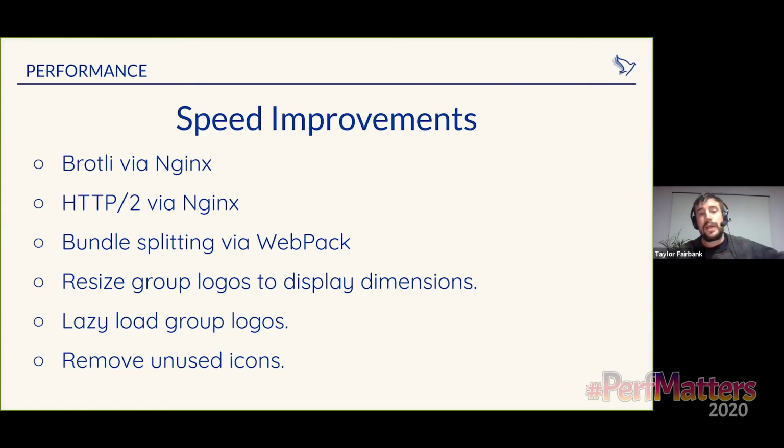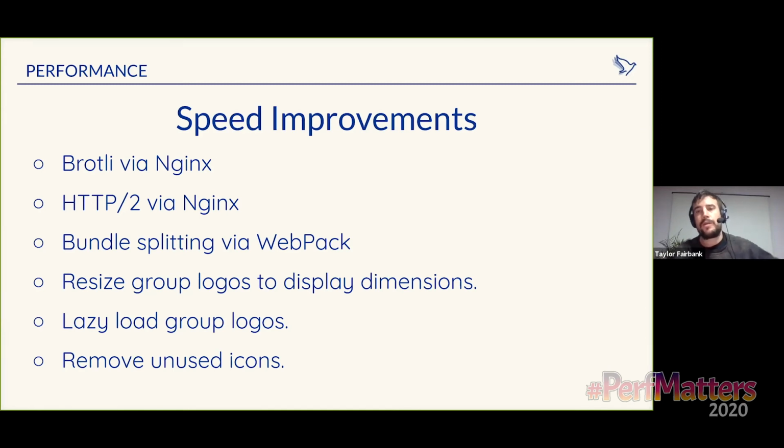We've also resized group logos to display dimensions. So we actually use, what is it, ImageMagick or something on the server. And when the user uploads a logo, we cut that down to different sizes and really make sure that we're only loading an image as large as it needs to be, instead of loading the original format or something that's too big. We're going to add lazy loading.